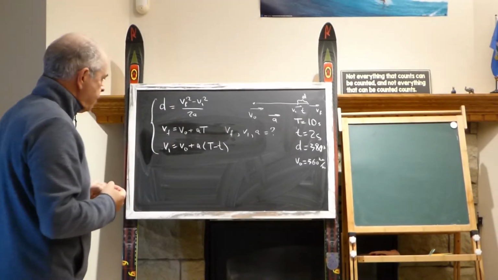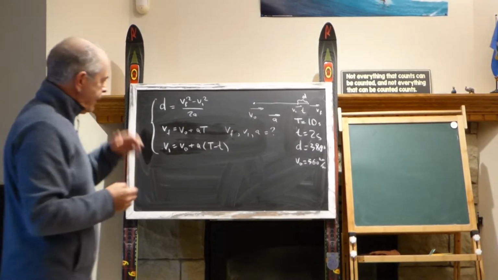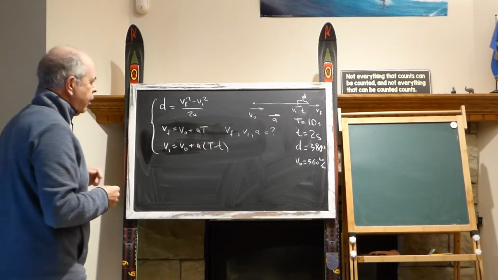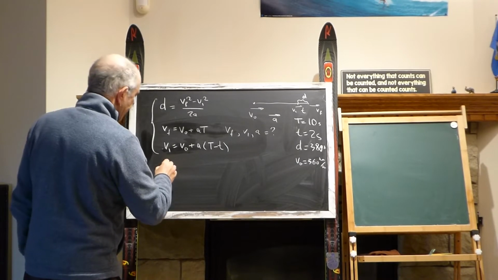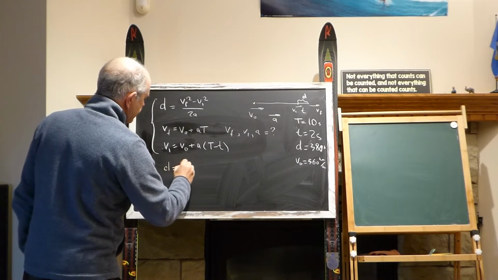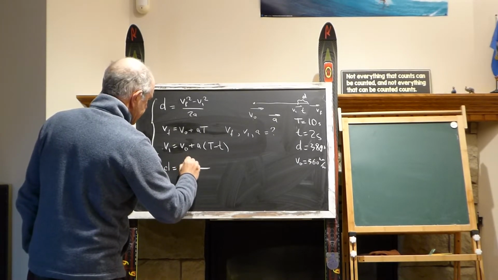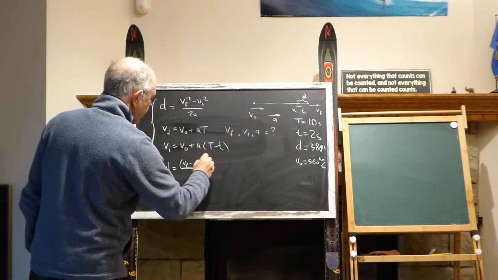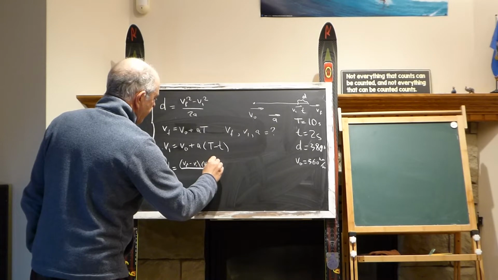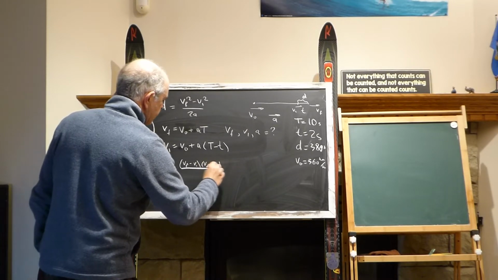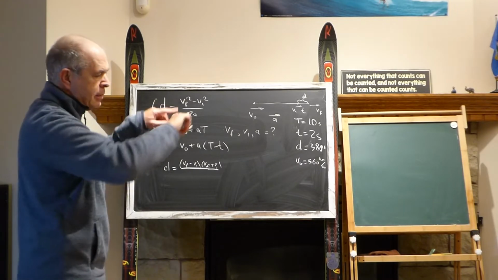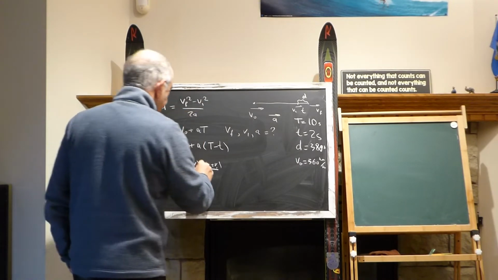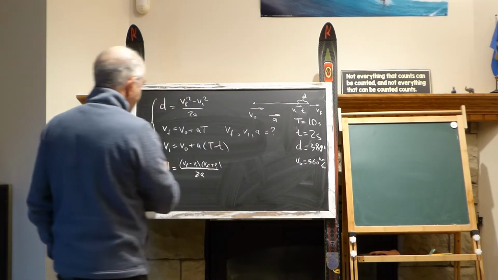But let me show you a little bit faster way of doing this. I rewrite the top as this, because this is a formula: v final minus v1 and v final plus v1. It is like a squared minus b squared, and it is a minus b multiplied by a plus b, divided over 2a.